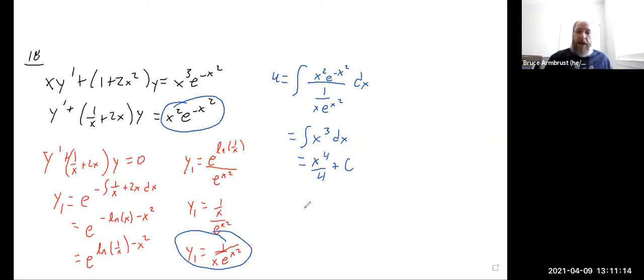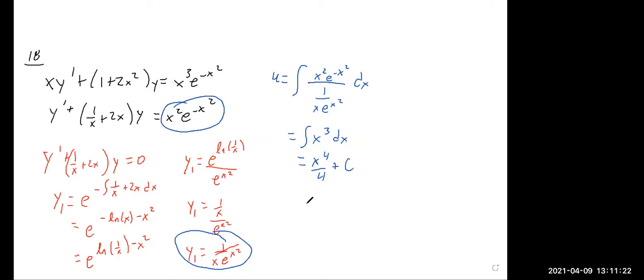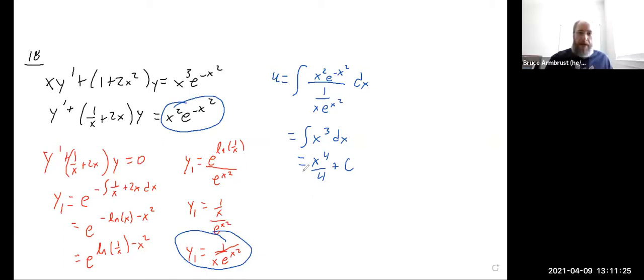All right, so we're almost there. What's the last thing we have to do? Multiply by y1. Yep, we're going to take this thing that we just got, the u, and multiply it by the y1. So our general solution then is going to be 1 over x e to the x squared times x to the 4th over 4 plus c.